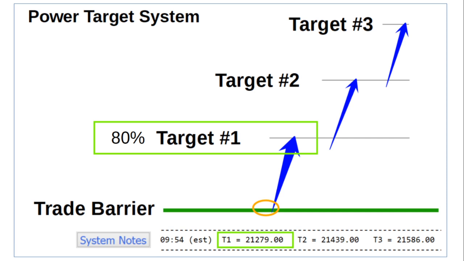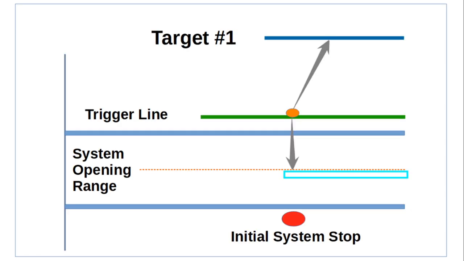Very, very easy. So let me pop over to this next slide that you brought, because it's going to talk about one of the things that people are going to bring up: the initial stop in the morning tends to start off fairly wide.